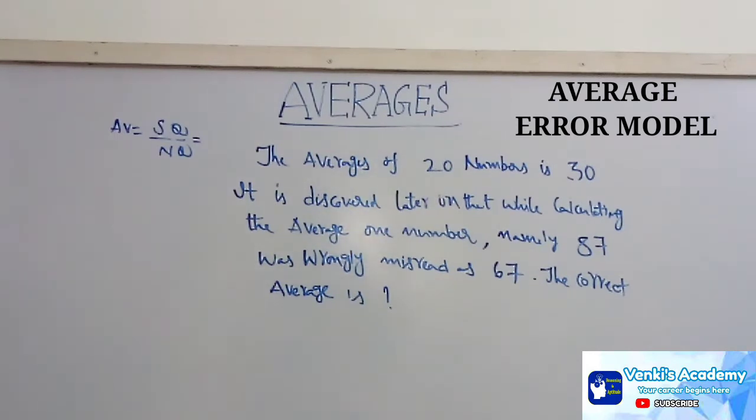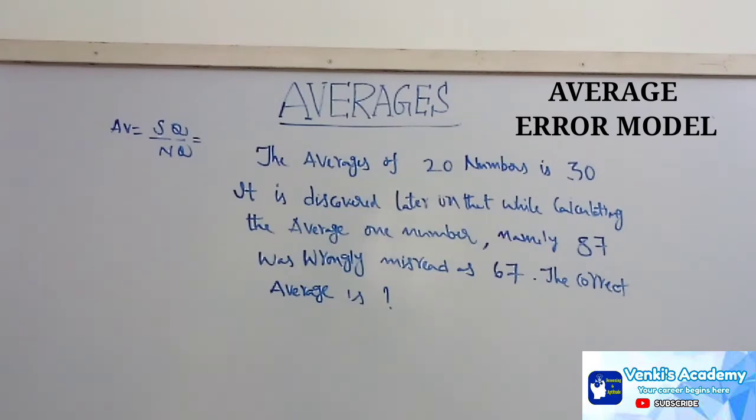See the example, the model. Here they have given the average of 20 numbers is 30. I have already told you that if the average of 20 numbers is 30, it does not mean each number is 30. Suppose you want to change it into the total, 20 into 30 means 600.